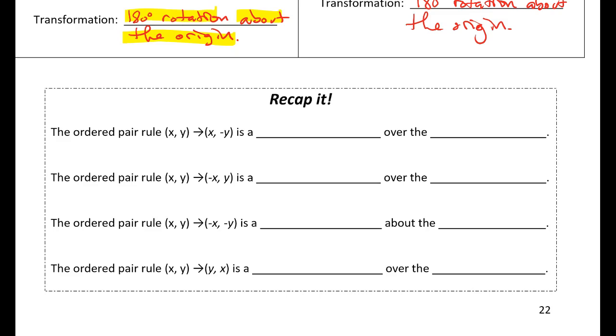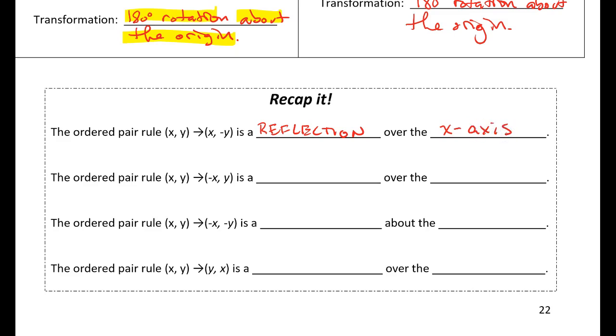So the ordered pair rule, where we take our xy's and transform them to x and negative y, if you recall, this is a reflection over the x-axis.